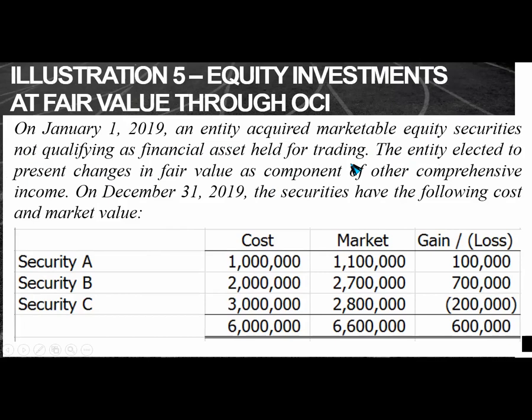The entity elected to present changes in fair value as a component of other comprehensive income. On December 31, 2019, the securities had the following cost and market value: the cost is 6 million and the market value is 6.6 million. So the market value increased by 600,000 by December 31.